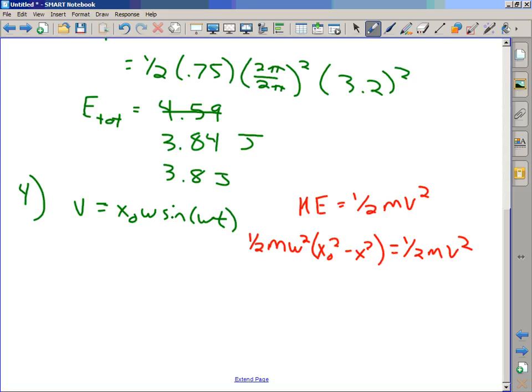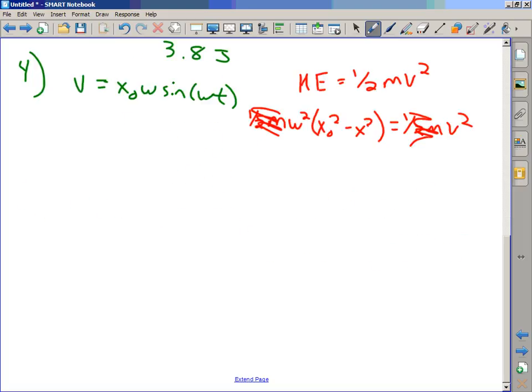Kinetic energy is what's on the left, kinetic energy is what's on the right, so they equal each other. My 1/2 m's cancel out. This leaves me with omega squared times x naught squared minus x squared equals velocity squared.